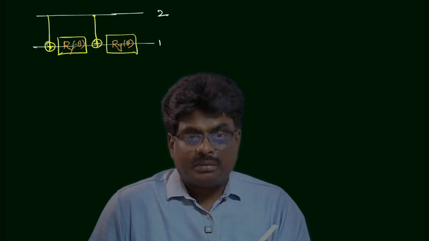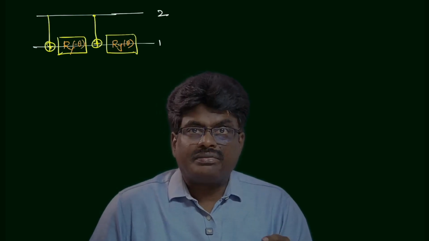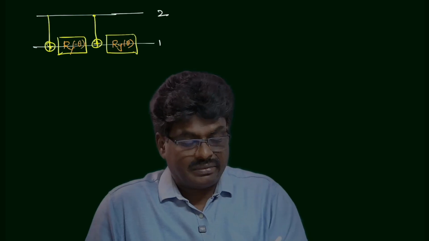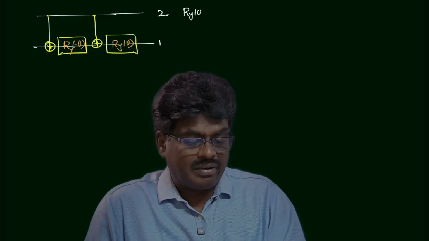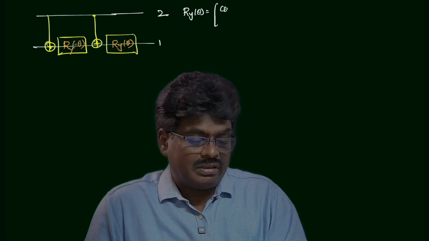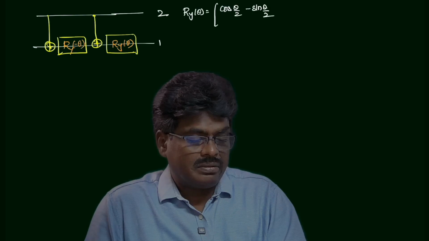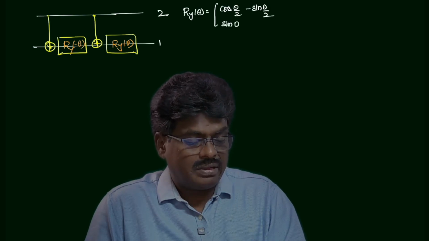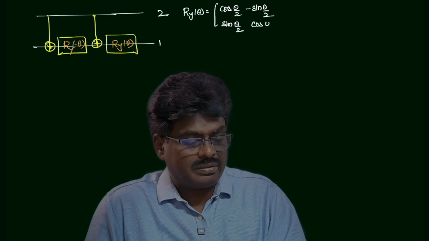So here we have CNOT gates and Ry of theta and Ry of minus theta. First let me write what is Ry of theta. So this is cos theta by 2, minus sin theta by 2, and sin theta by 2, cos theta by 2.